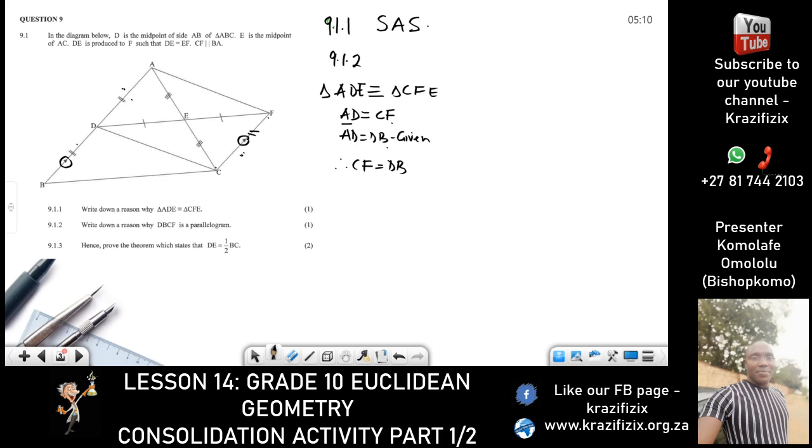Now look at my signs. Write down a reason why DBCF is a parallelogram. We have proven that CF is equal to DB, and DB is also parallel to CF, that's given. So what is the reason? I'm sure it's making sense to you there.